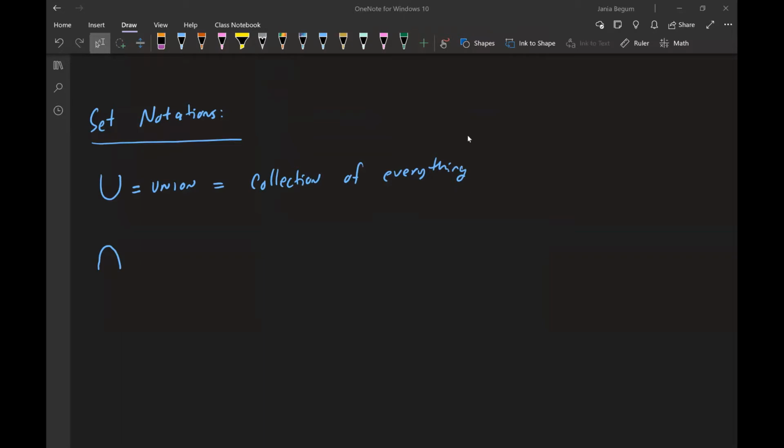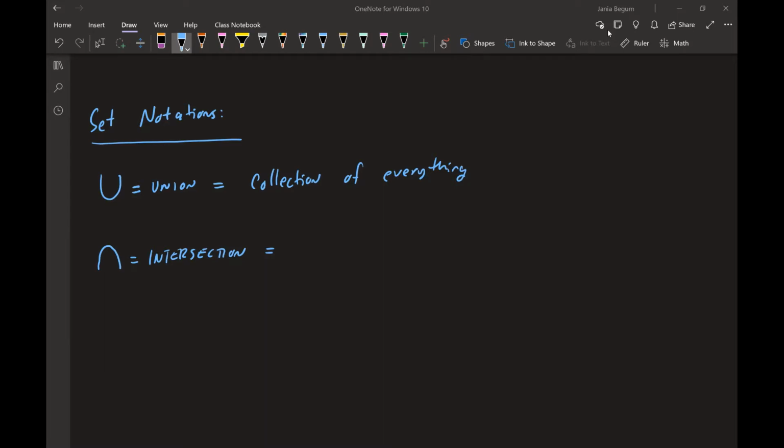So back to where I was, U represents union. Now, what about the facing down U? Well, this stands for intersection. So what do you guys think intersection means? Any thoughts? Where the lines meet.